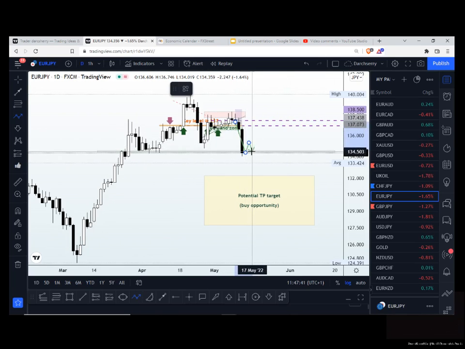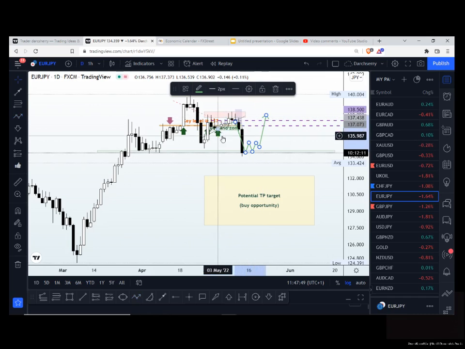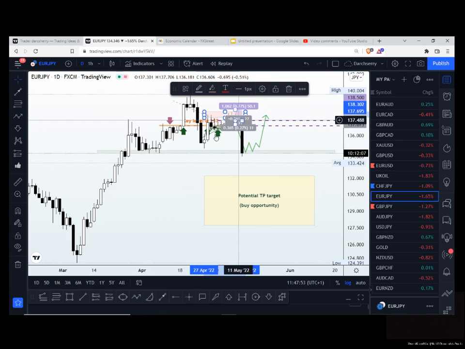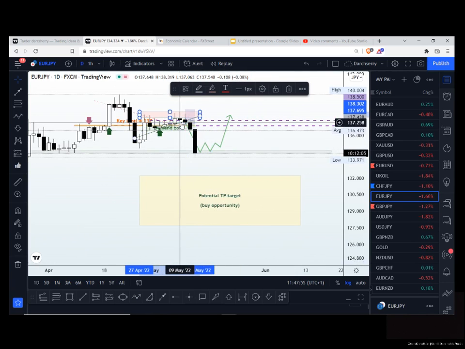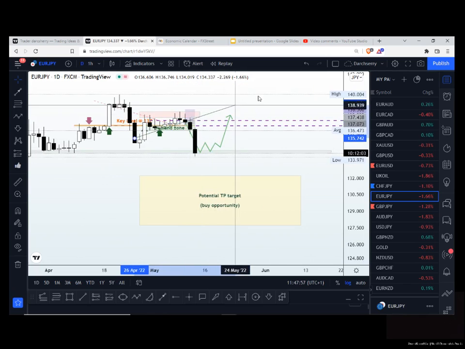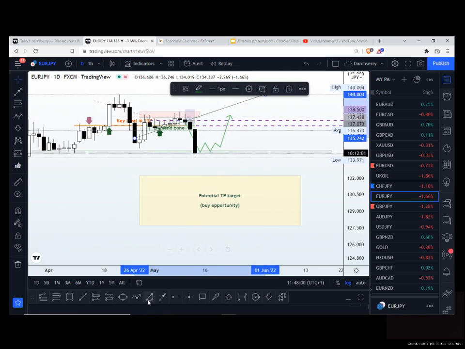Look, if we continue to see multiple rejections of this area, then we will be looking for an opportunity where price comes into this level, probably aligns with this trend line that we saw here.